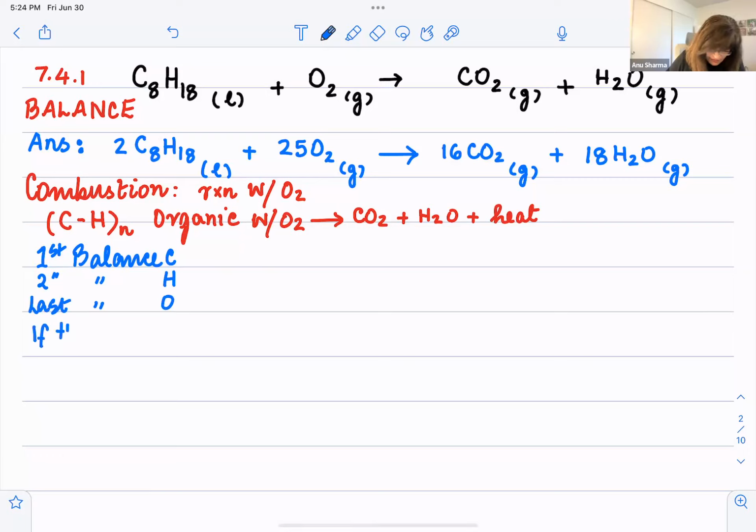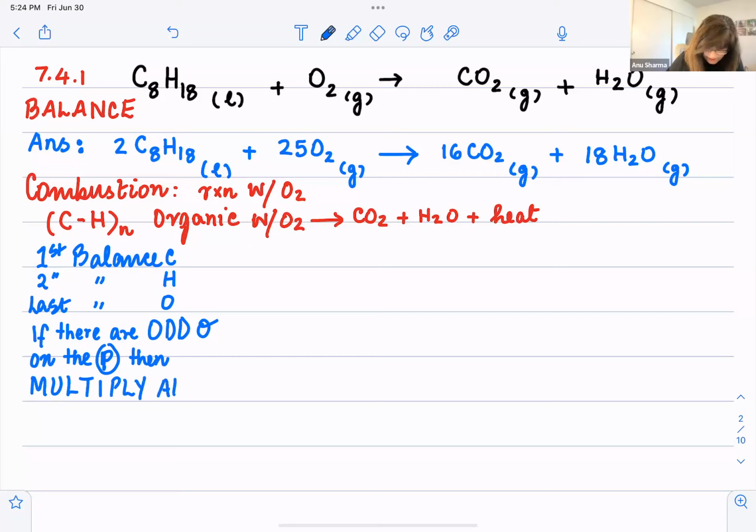If there is an odd number of oxygen atoms on the product side, then multiply all species with 2, then balance oxygen.